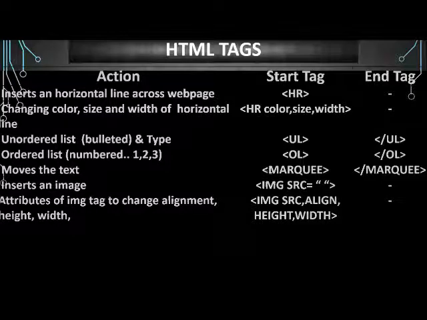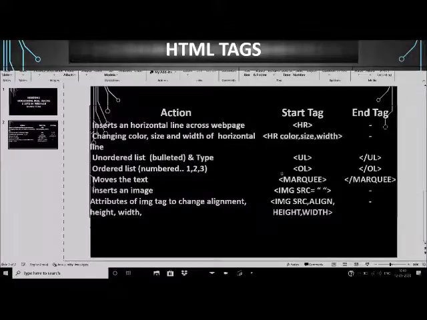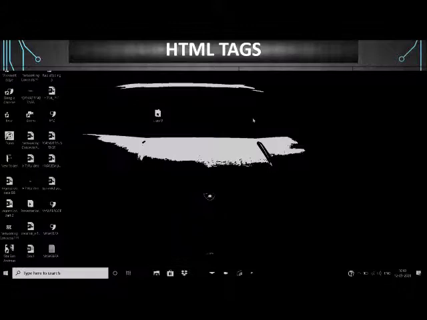To learn the use of all these tags, we will open our previous document that we had created in the earlier session. So, we'll go to Notepad. We'll open that document with Notepad.